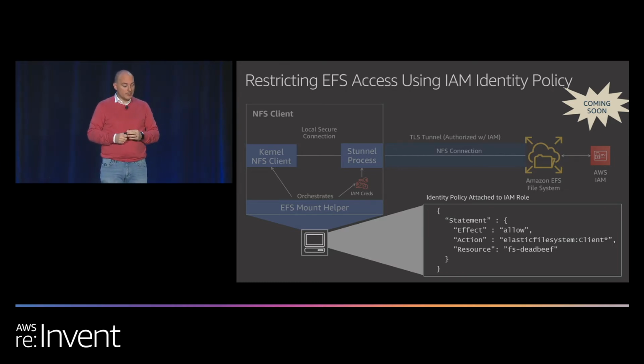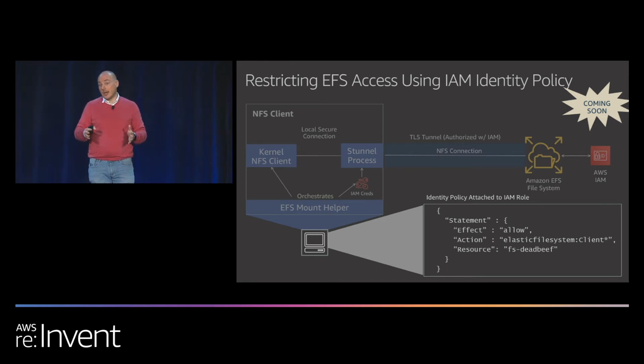And in this case, it has a simple elasticfilesystem:Client* action, which means that any client action is allowed for the specific workstation. You could use this, for example, for a management workstation that you want to give full access to your file system, including root access, and this would allow that.